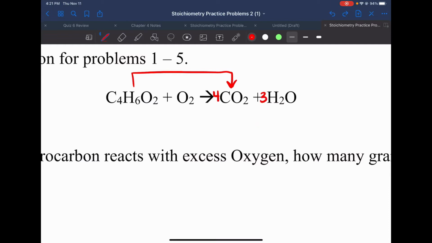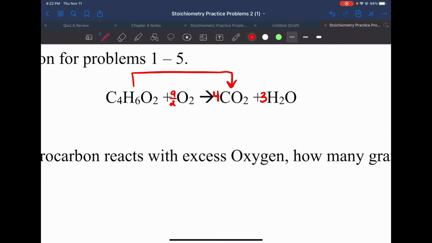On our left side, we have 4, but we're going to subtract 2 from here, so we need to have 9 more remaining. So I need to get 9 oxygen out of this O2. The only way to do that is to do a fraction, because 9 halves times 2 is equal to 9. So I'm going to put a 9 halves here.